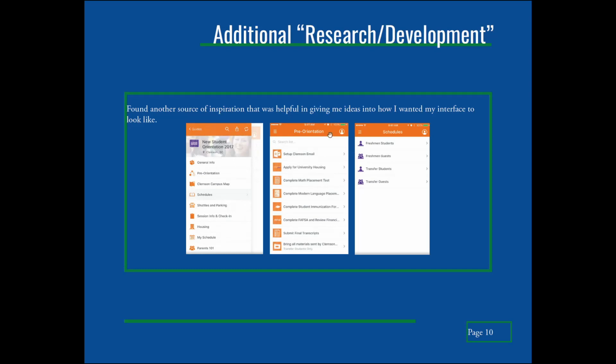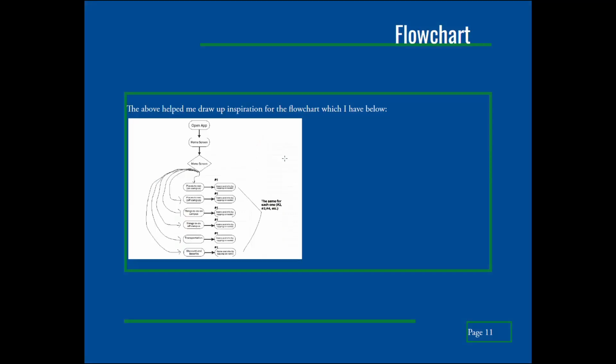Here has like an orientation. What I'm doing is a bit different, but it's the same spirit, more or less. Looking at the interface and that kind of stuff helped me imagine what I would end up creating for my app.